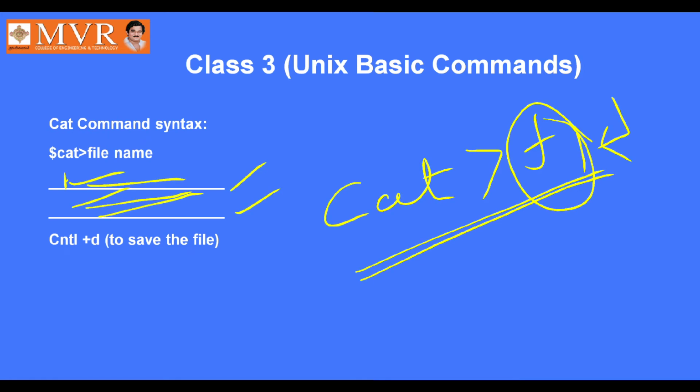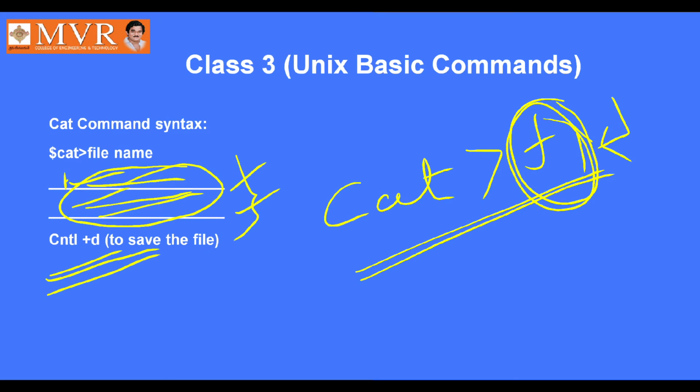Okay, so once all the information is loaded into the f1 file, at last you need to press Ctrl plus D. So this Ctrl plus D is used to save the file content. Whatever contents you store here will be saved in this file f1. Got it? So normally touch command is used to create just the name of the file like f1, but here the cat command will be used to create files with some contents.